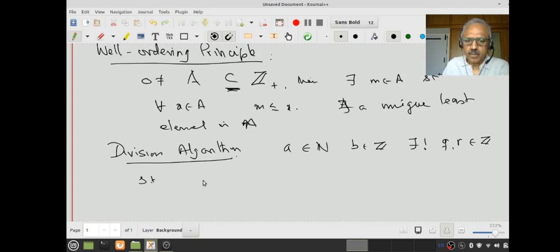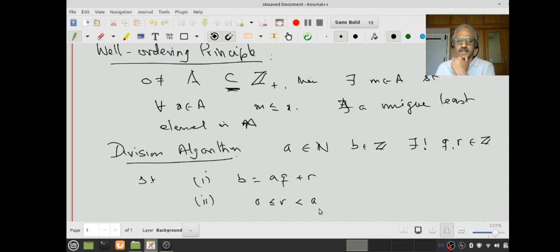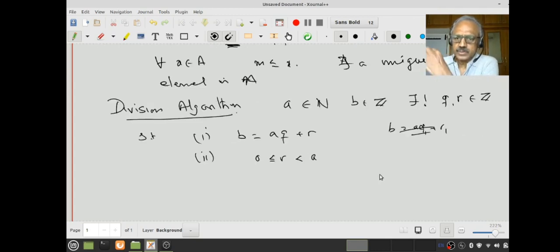One, B is AQ plus R, and two, this R is restricted. The uniqueness is subject to these two conditions. That is, if I write B equal to AQ1 plus R1, then Q must be Q1, R must be R1. These are the two ingredients which we are going to exploit.